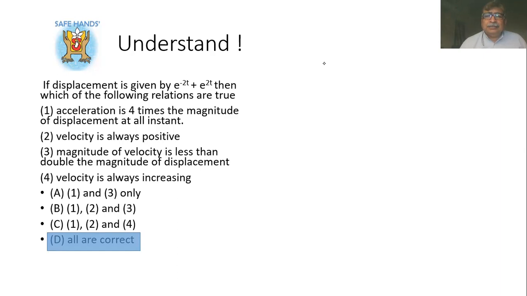Now let us see the answer. The answer is more interesting over here. Given information is x of t is e to the power minus 2t plus e to the power 2t. By differentiating, I will get the instantaneous velocity.